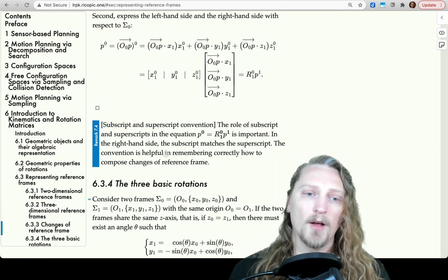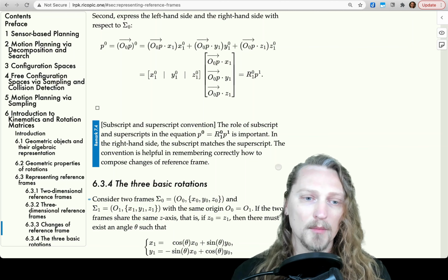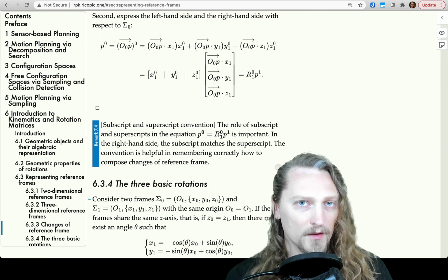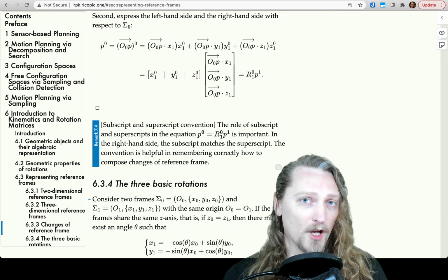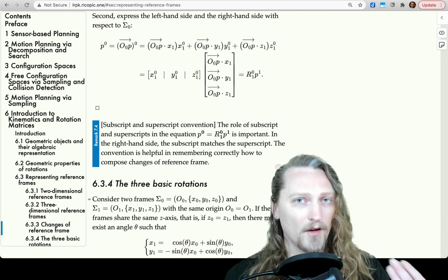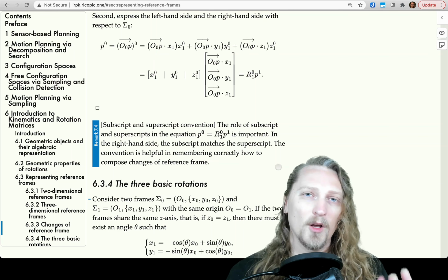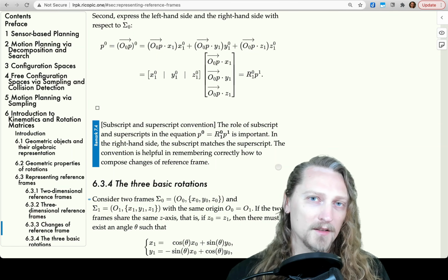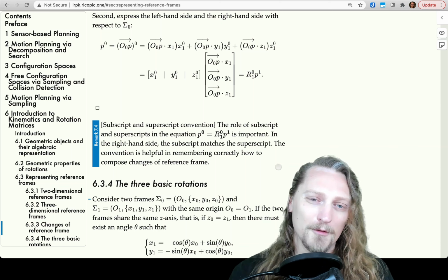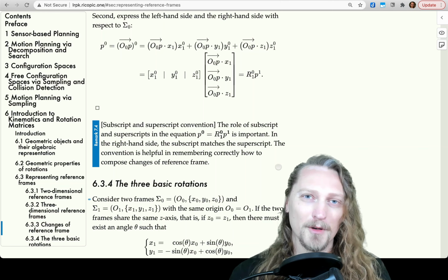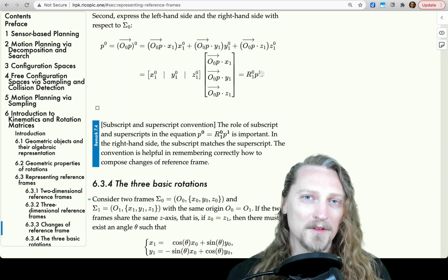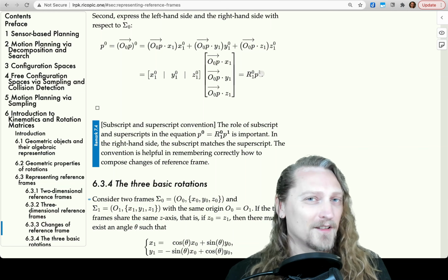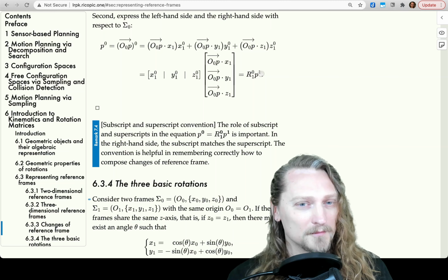The convention is helpful in remembering correctly how to compose changes of reference frame. And you see this a lot in differential geometry. There's a notation that follows this convention, and it helps do a little bit of error checking. If you're trying to do a rotation and you have the subscript and the superscript clashing, then you probably have a problem, okay?